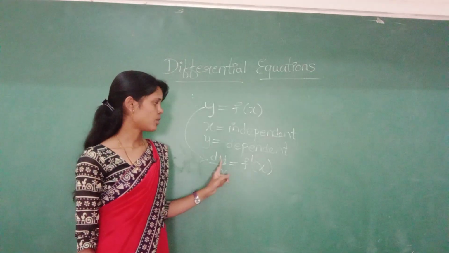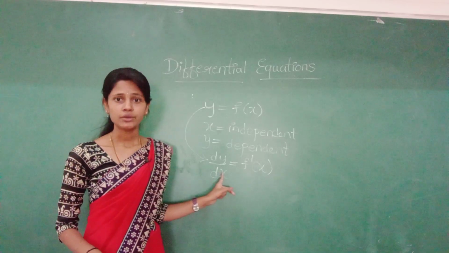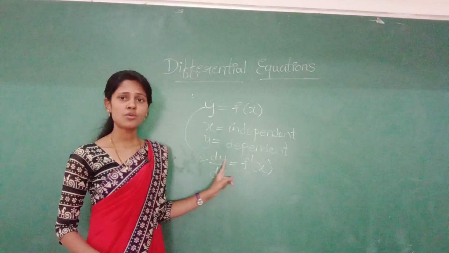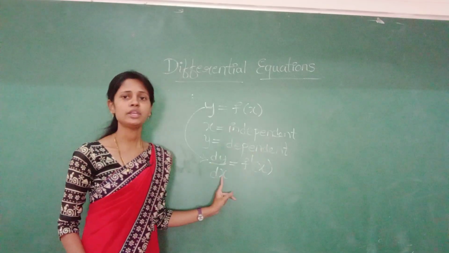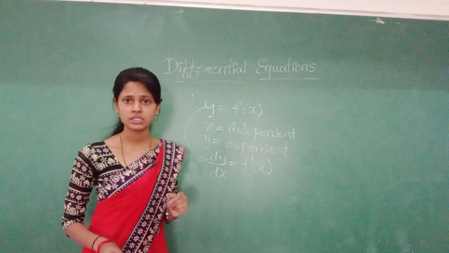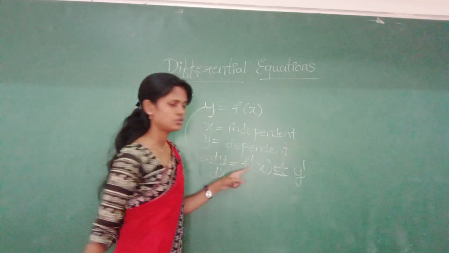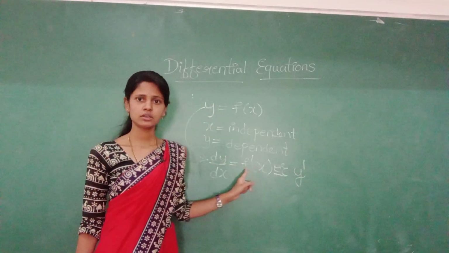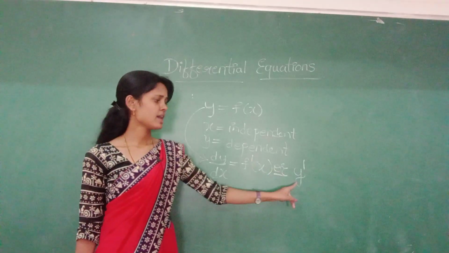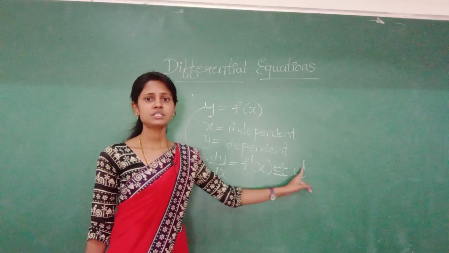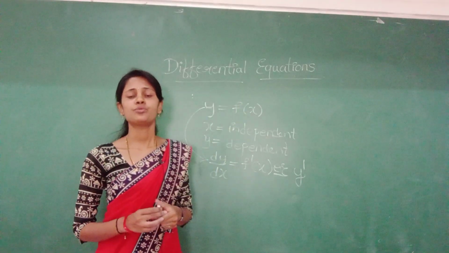Here y is the dependent variable and x is the independent variable, and the differentiation of the dependent variable with respect to the independent variable is f'(x), or we can also write it as y'. That is the first derivative of the given function y = f(x).